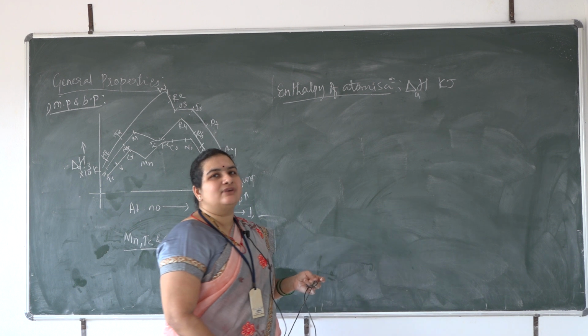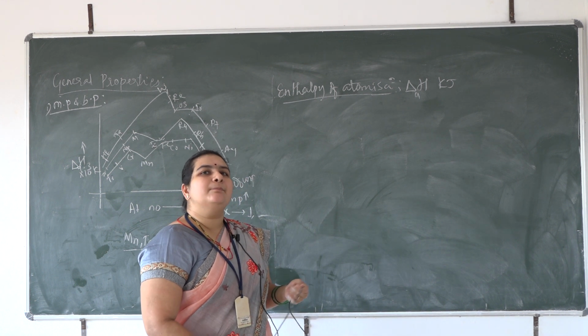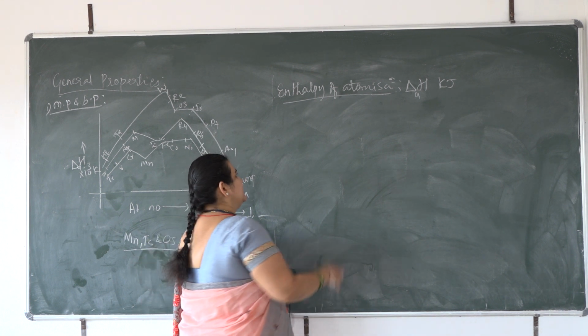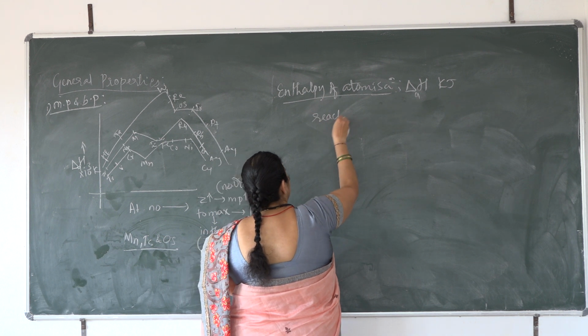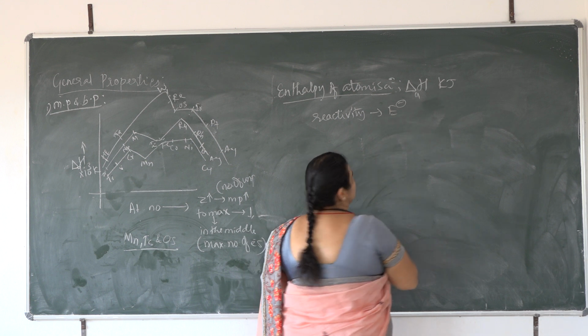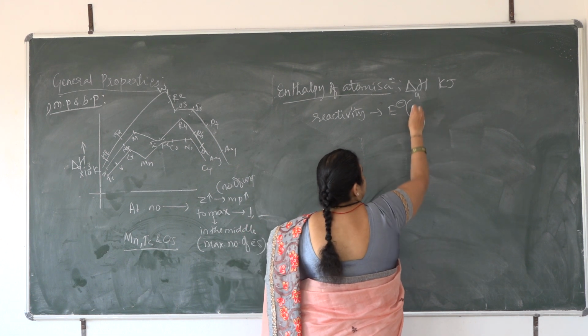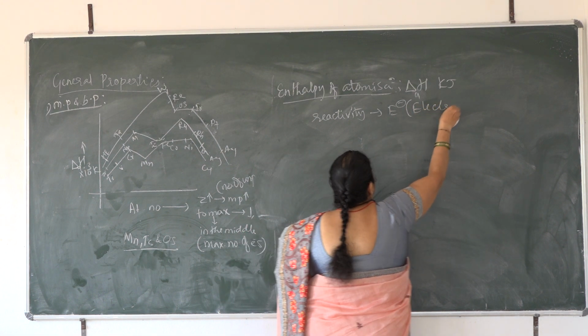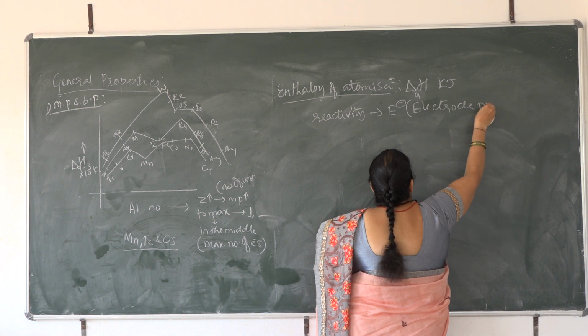This enthalpy of atomization is an important factor in deciding reactivity of the metal, which is based on electrode potential. Okay, this is the letter I have written for electrode potential.